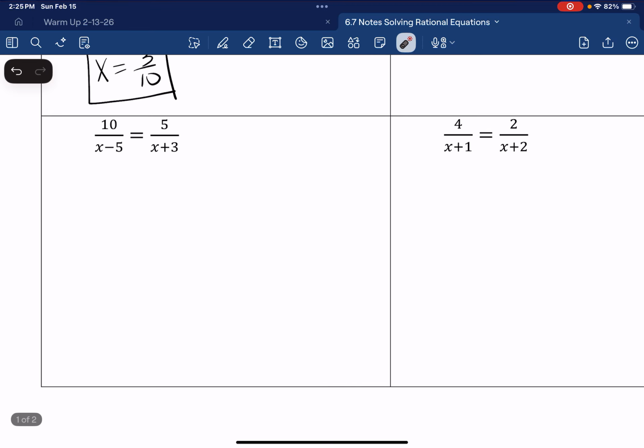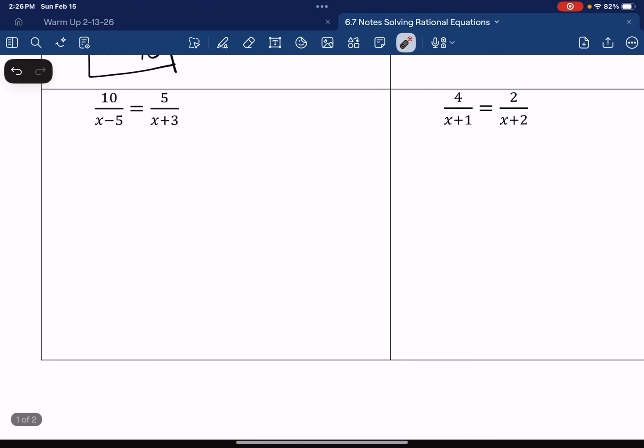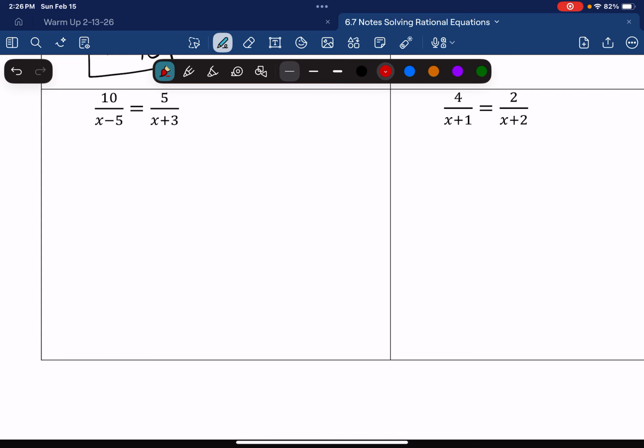Okay, second problem. We have another proportion. We have two fractions that are equal to each other. So I go ahead and say, all right, I'm going to cross multiply to solve this proportion. You can multiply either direction first, it doesn't matter.